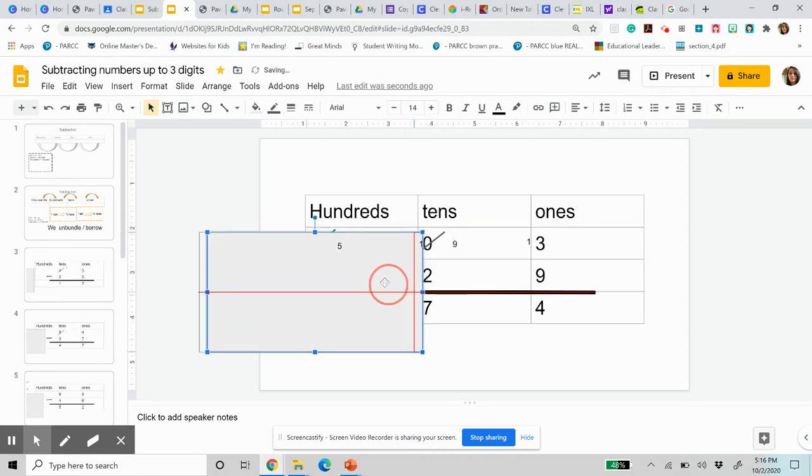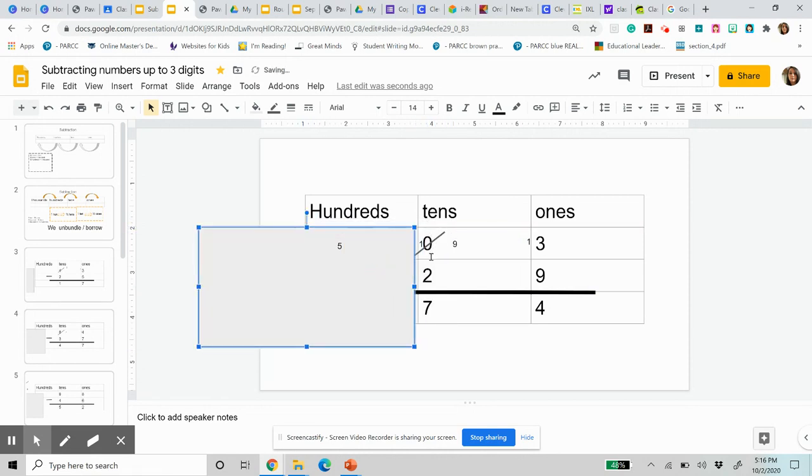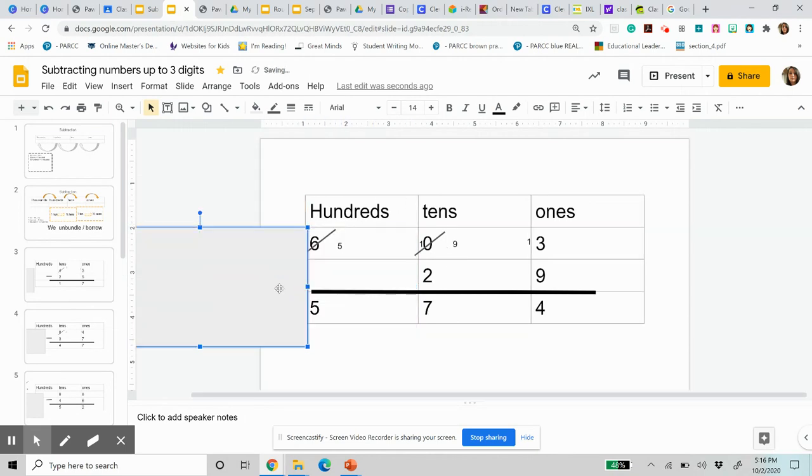If that neighbor can't help you because it has nothing left, then let that neighbor go to its neighbor. Okay, and then this neighbor will give this neighbor some. And now this neighbor has the ability to share. So now this neighbor can share with this one. Okay? So that's how it goes.